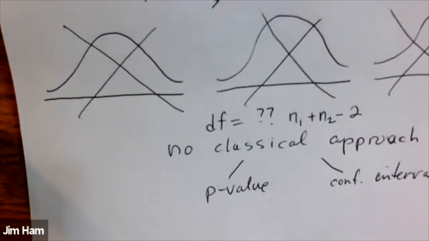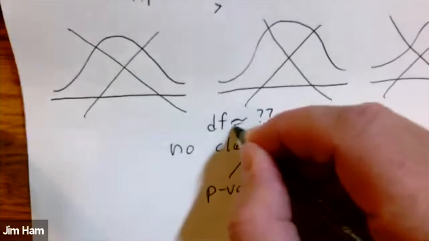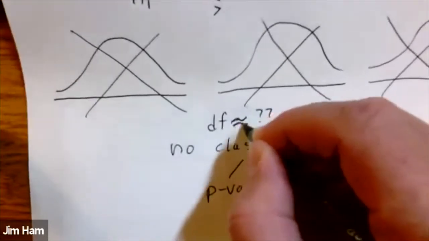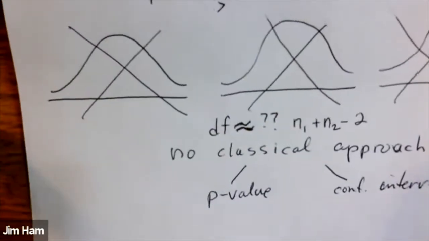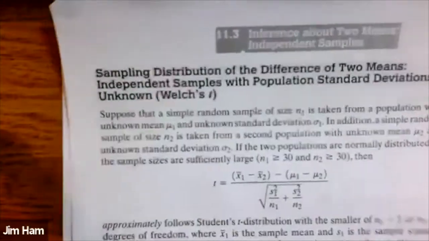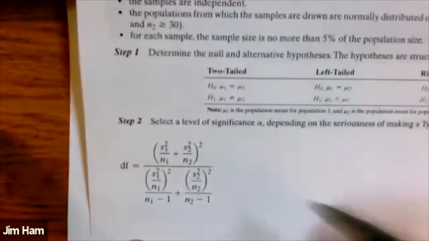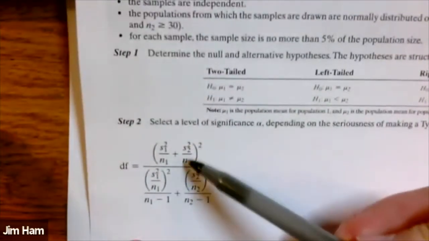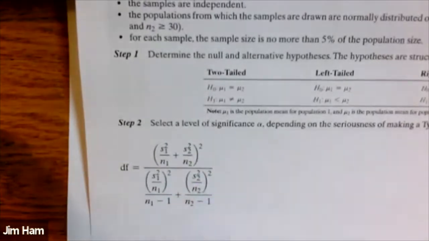It's going to be close to that, and we'll check it a couple of times. But this is not equal to, so don't write equal to. It's approximately equal to this. But as you would expect from a very complicated formula that involves a fraction, usually this is not going to work out to a whole number, like 14, so that we could go use a table. It's going to be 14.1796 or something like that.